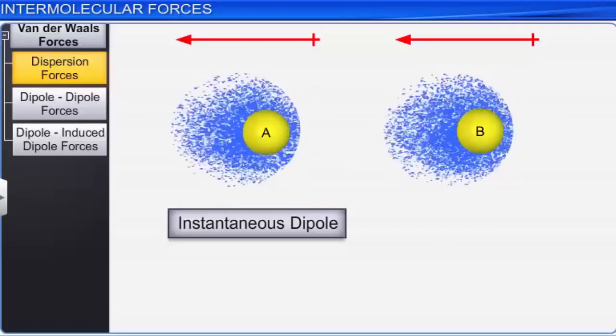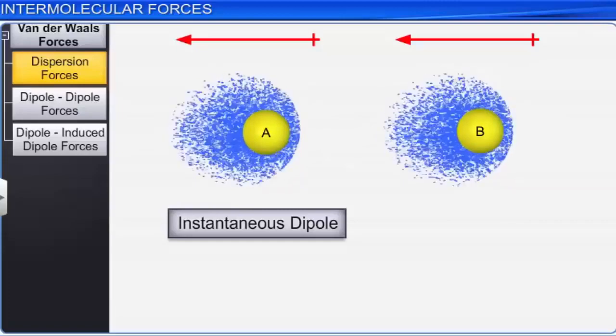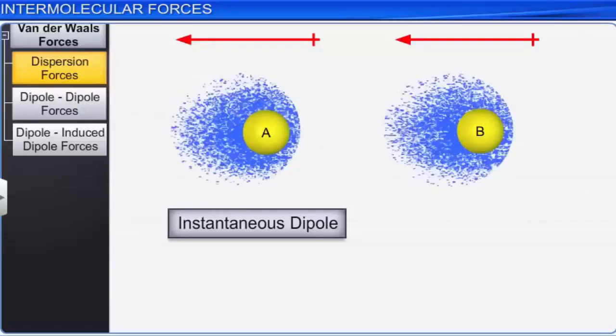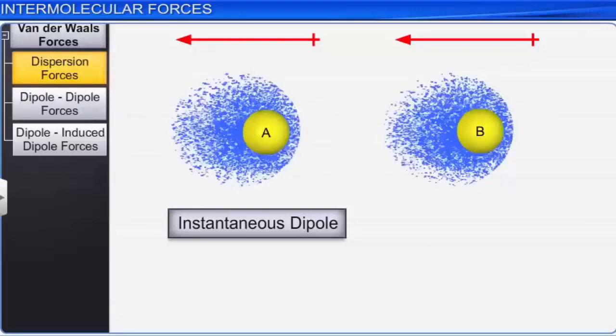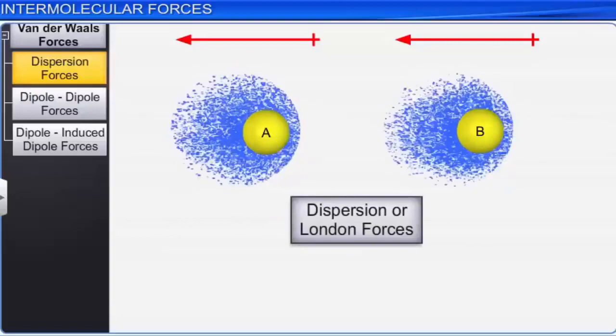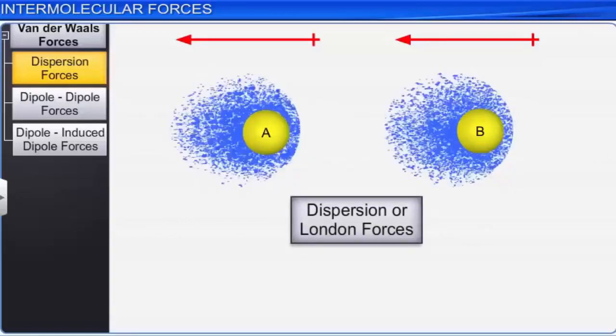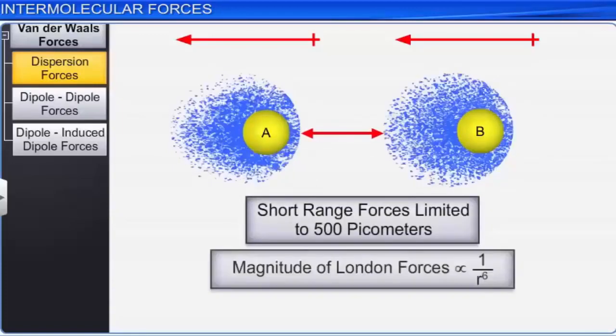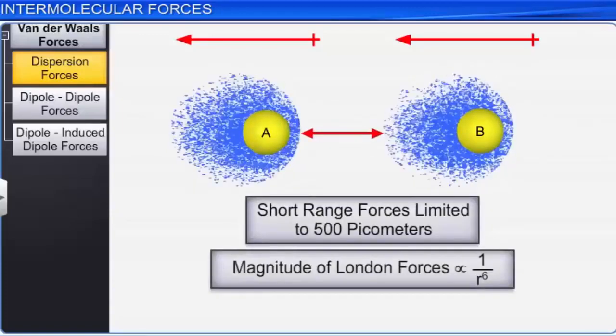This force of attraction between the two temporary dipoles is known as dispersion force or London force. This force is important only at a short distance, which is limited to 500 picometers, and is inversely proportional to the sixth power of the distance between the two molecules.